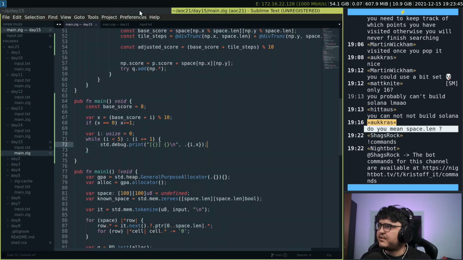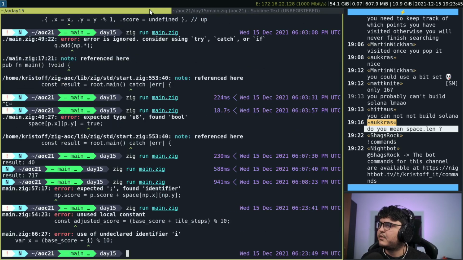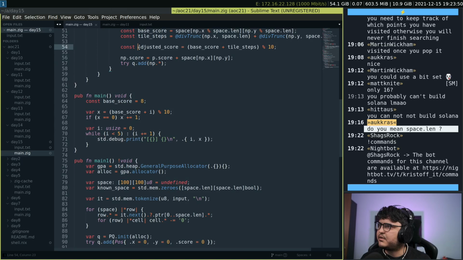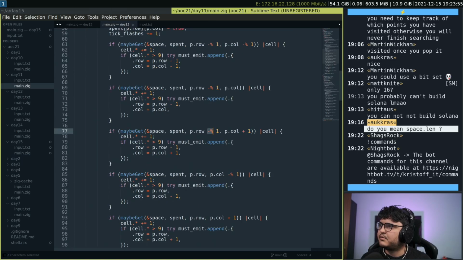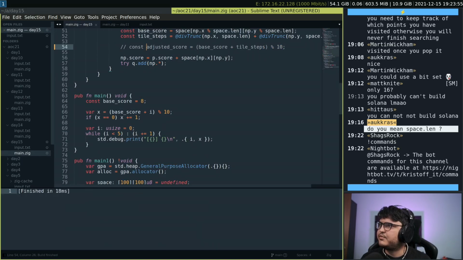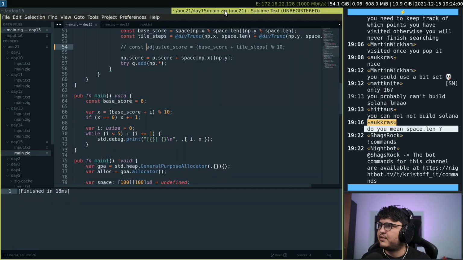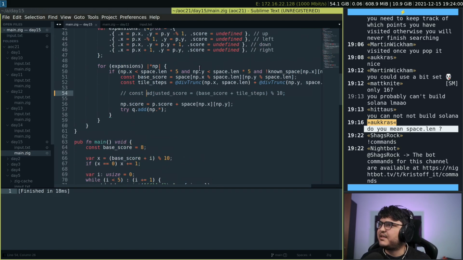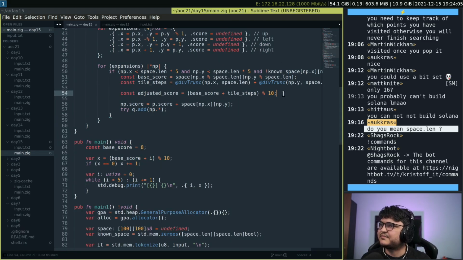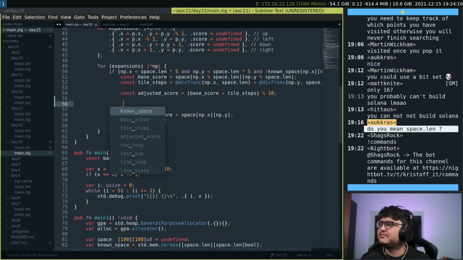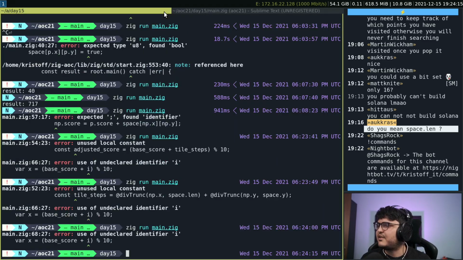Missing semicolon found identifier. Yeah. Unused constant variant. That's not what I wanted to do. That's what I wanted to do. Unused local constant. Please, Zig, I beg you. Okay.